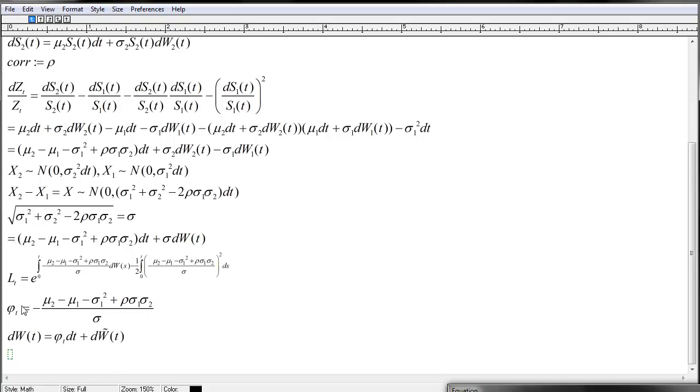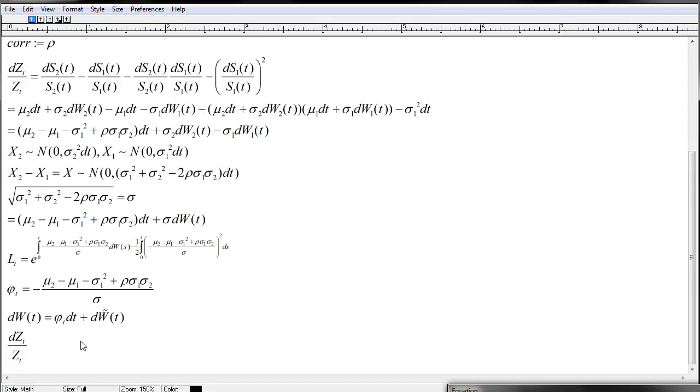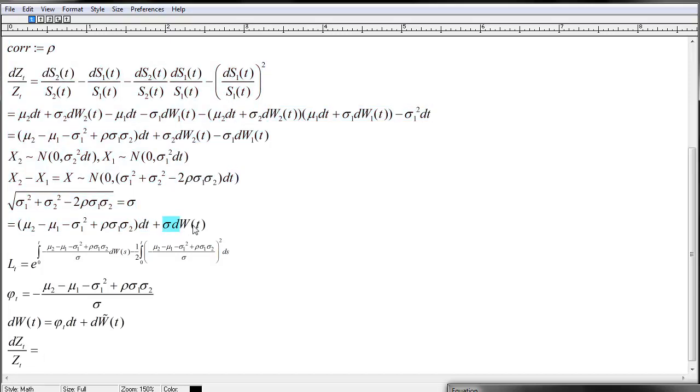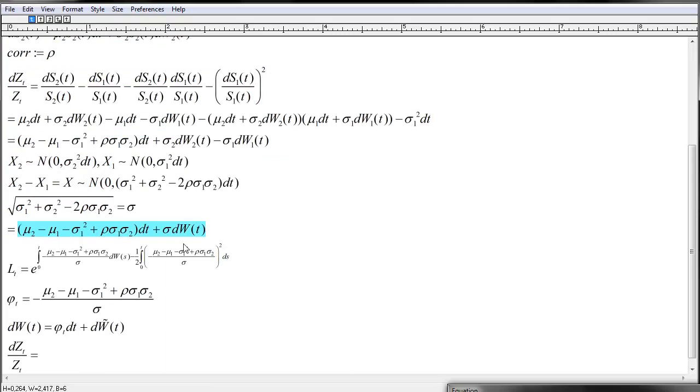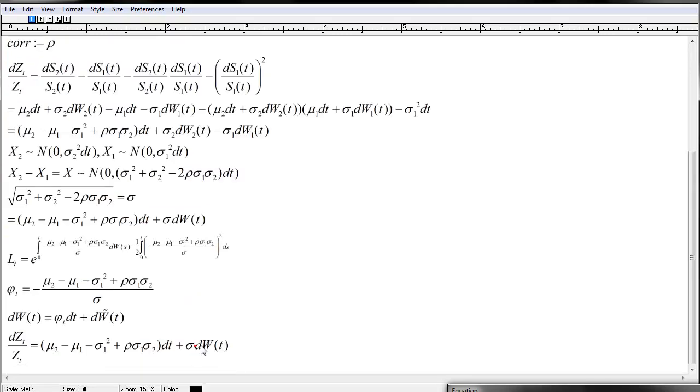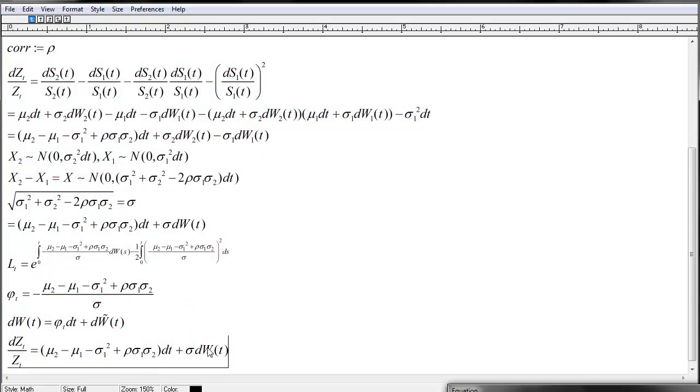Okay, so dZ over Z equals this one, or I could rewrite it like that, doesn't really matter, times, and here comes this term.